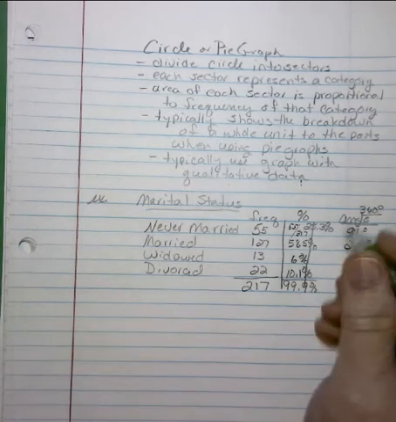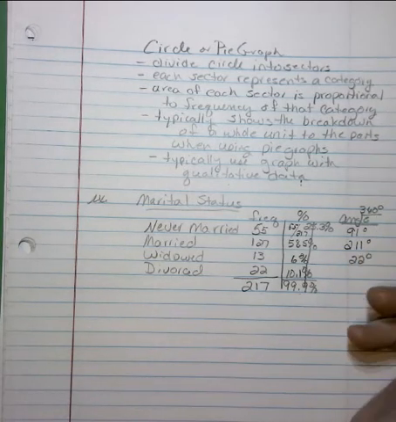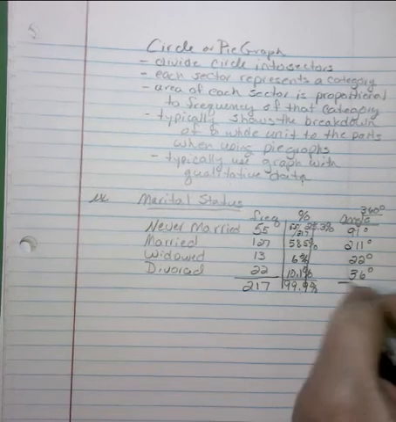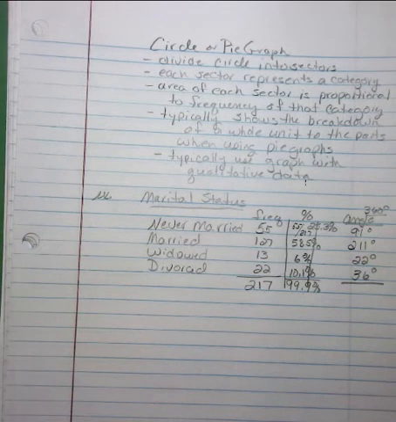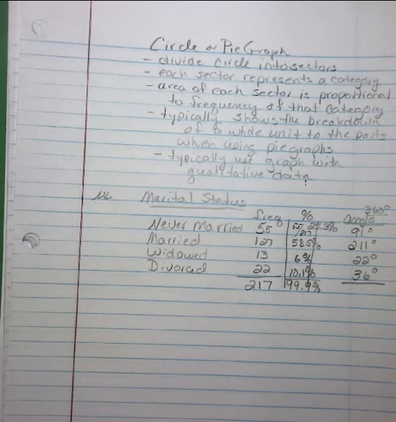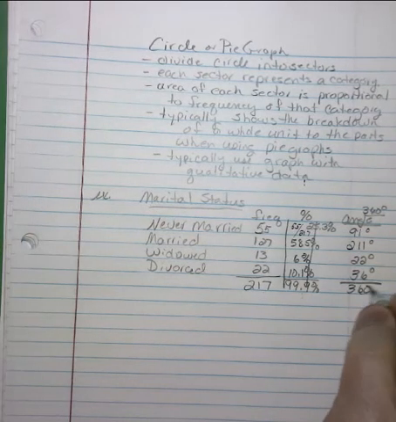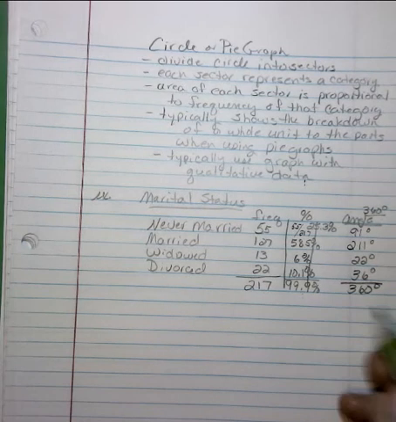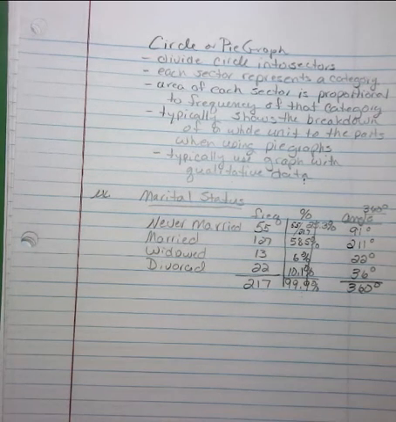And the last one is 36.3, so we're just going to use 36 degrees. And again, we're going to make a check there with our angles. And we come out to be 360 degrees, right on the money there. And again, you can't have more than 360 degrees in your circle.